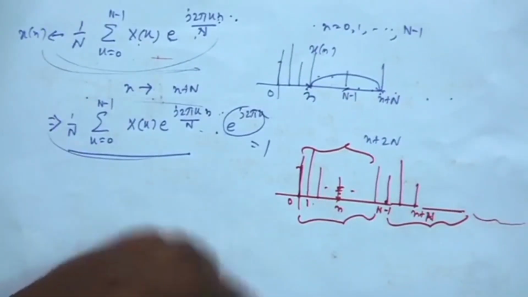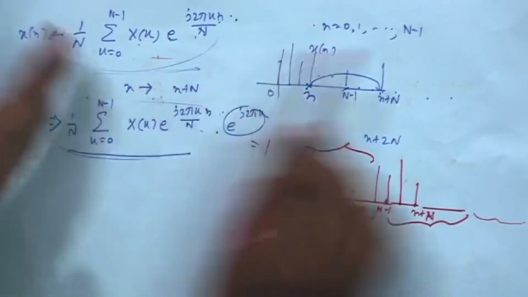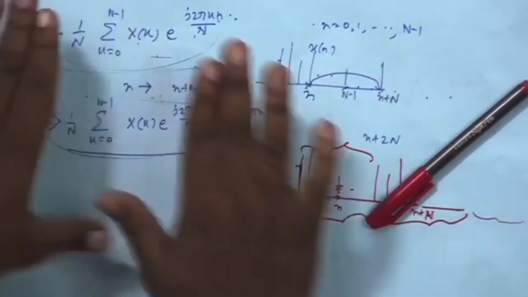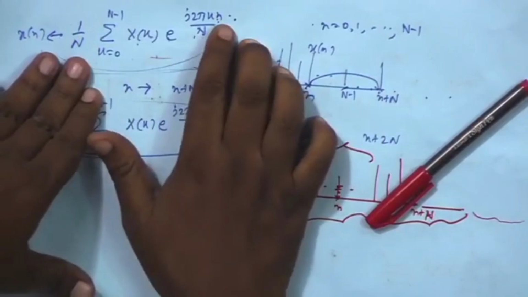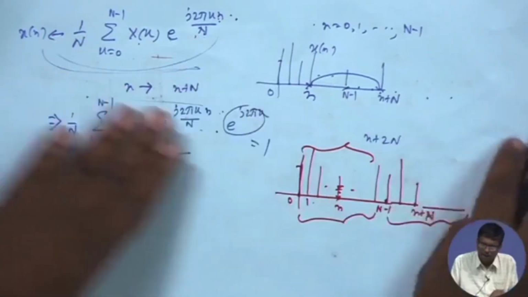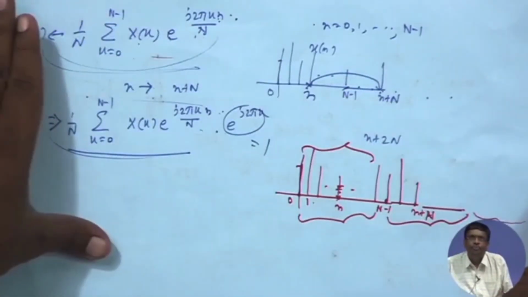That means if you take the inverse DFT, you get the sequence from 0 to capital N minus 1 first. But in the inverse DFT, I now allow small n to take all values from minus infinity to infinity. What you will get is just repetition of this basic period again.